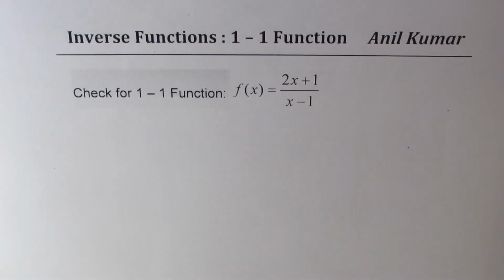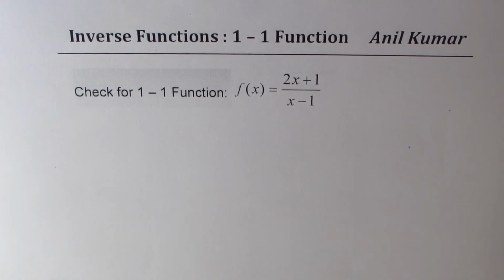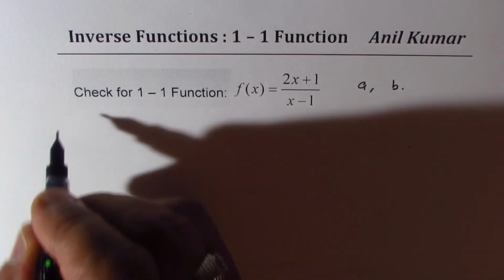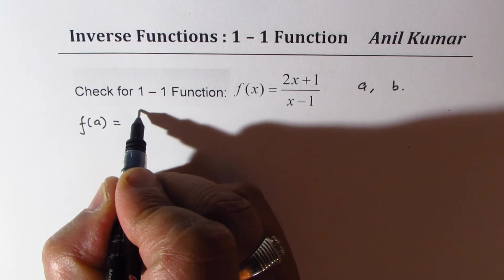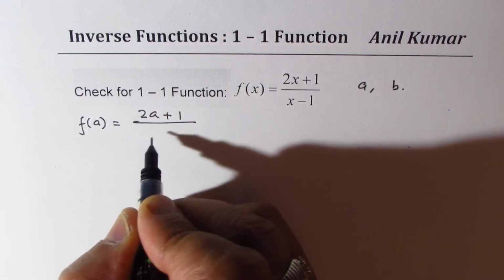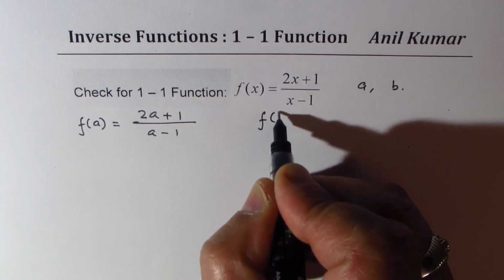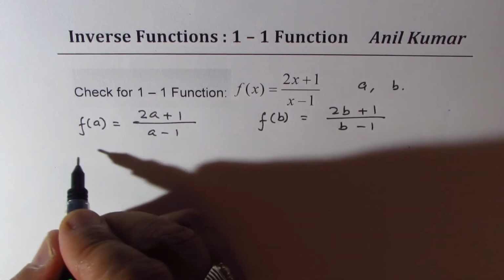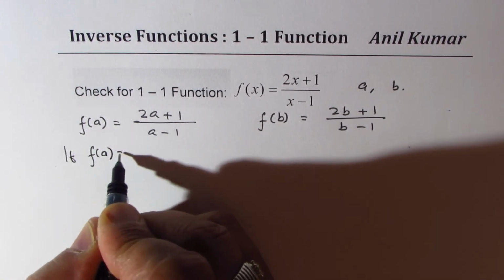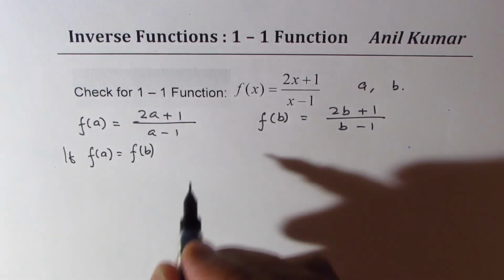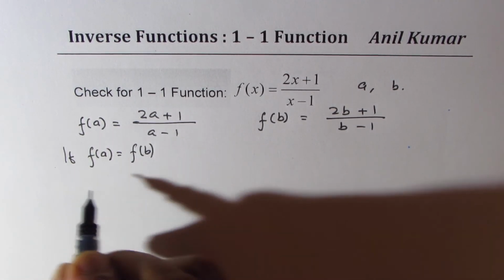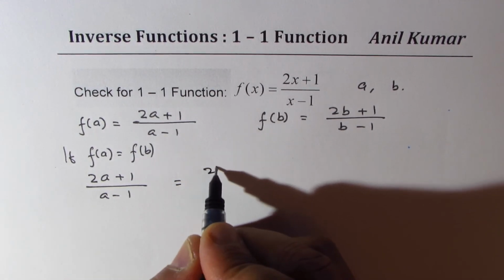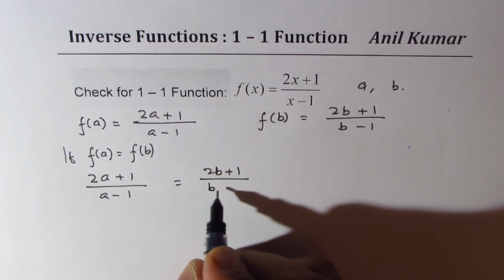Right? Now let's take another example, which is kind of complicated. In this case, let's choose points a and b. In that case, f of a is equal to 2a plus 1 over a minus 1, and f of b equals 2b plus 1 over b minus 1. Now if f of a equals f of b, we have 2a plus 1 over a minus 1 equal to 2b plus 1 over b minus 1, correct?